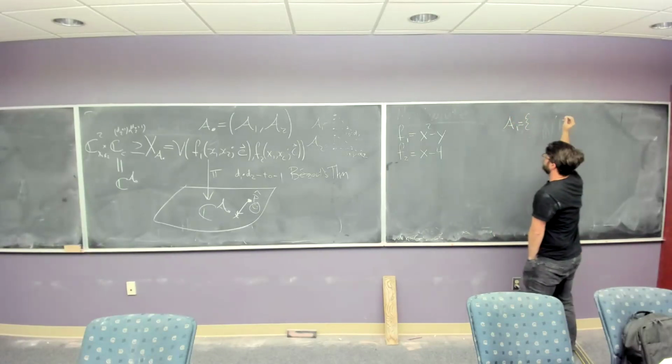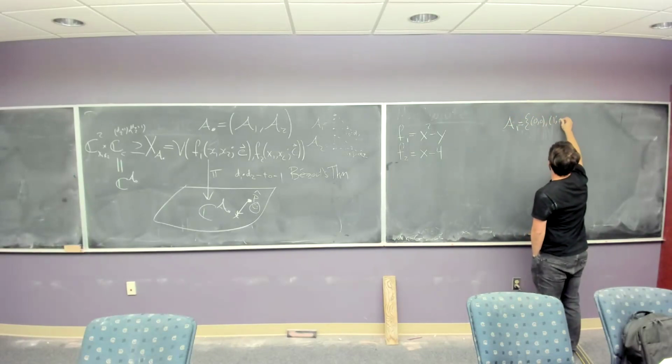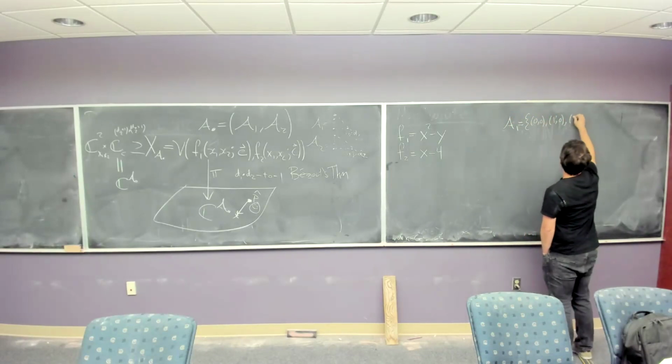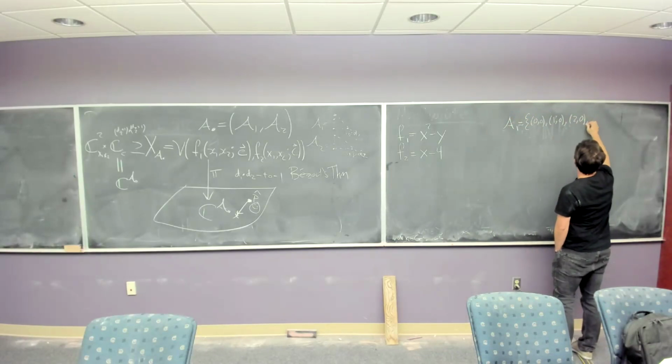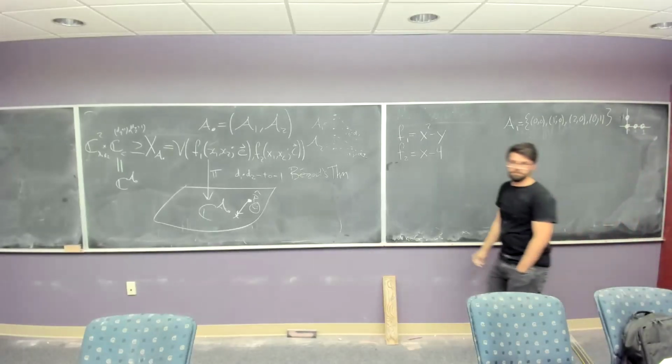So let's do A1 is just 0, 0, 1, 0, 2, 0. I'm just going to choose a different support. Okay, so my F here would correspond to a 0 here, a 0 here, a 1 here, and a negative 1 there.